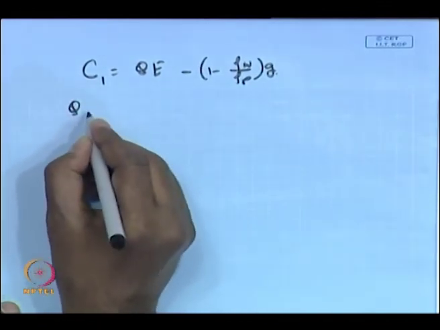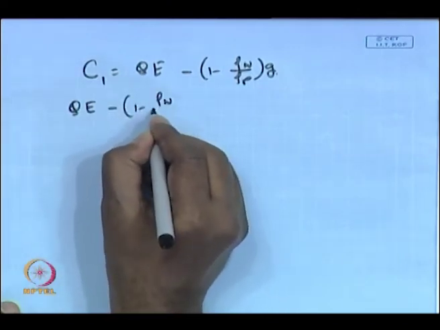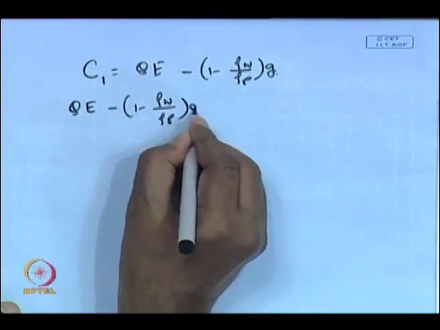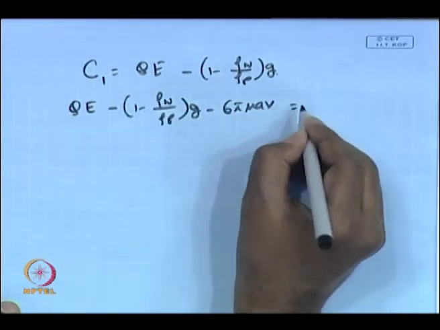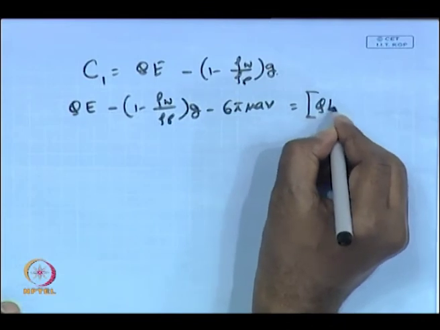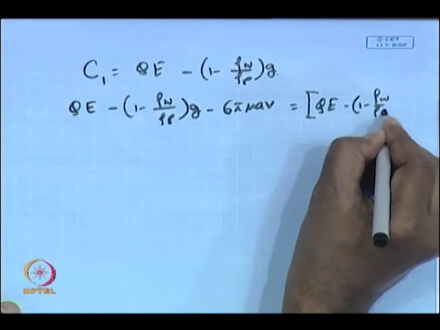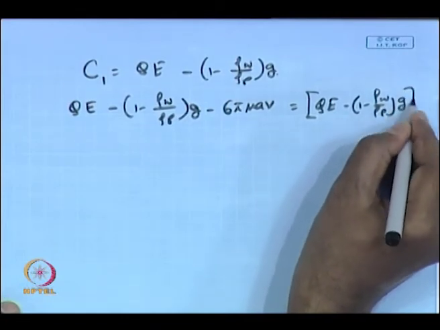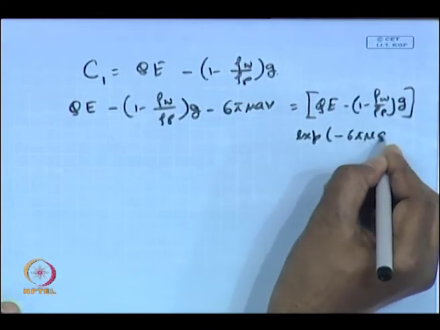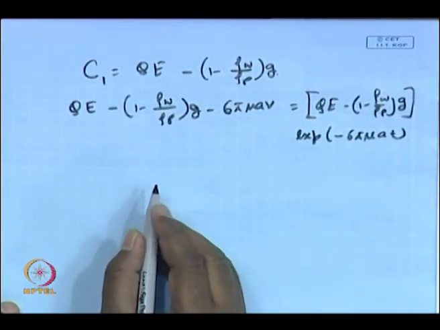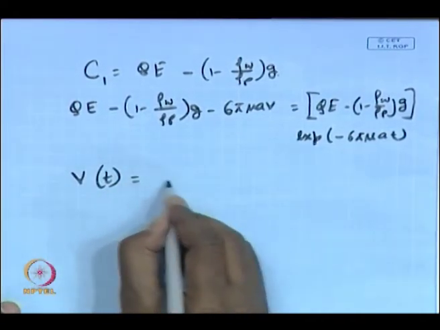So, variation of velocity as a function of time: Q E minus 1 minus rho w by rho p times g minus 6 pi mu A V is equal to bracket Q E minus 1 minus rho w by rho p times g, exponential minus 6 pi mu A t. Okay. And by rearranging, you will finally get the expression of V as a function of time.